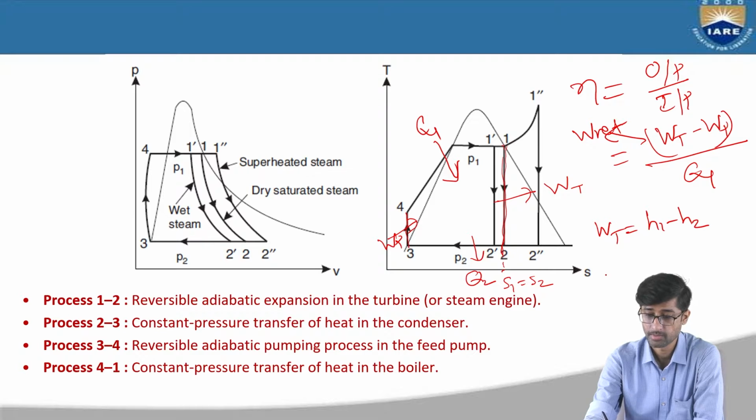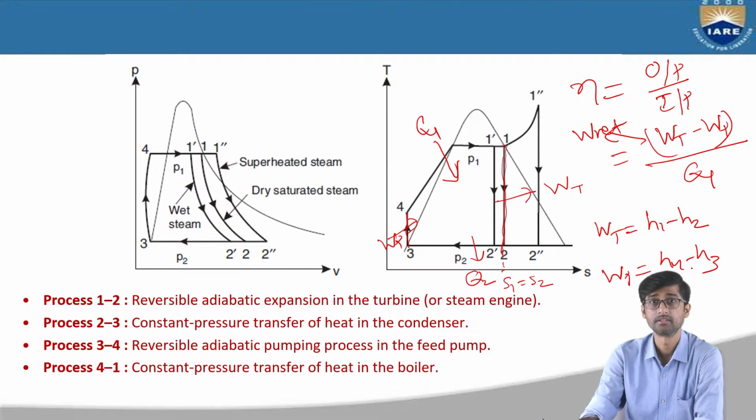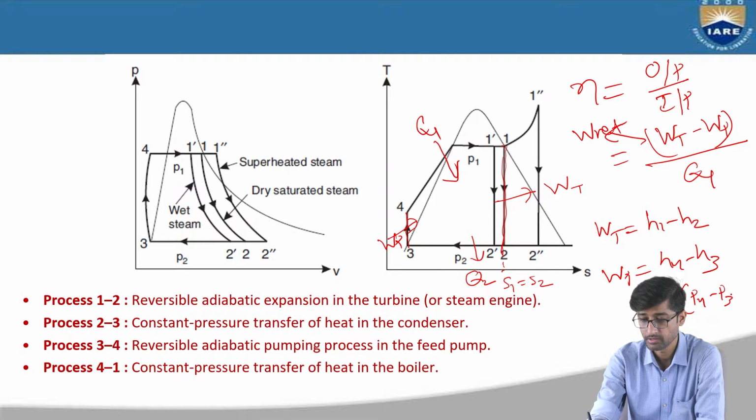What is the pump work? That is H4 minus H3, since 3 to 4 is the pump. Or we can write it as V3 into P4 minus P3. This is the pump work.